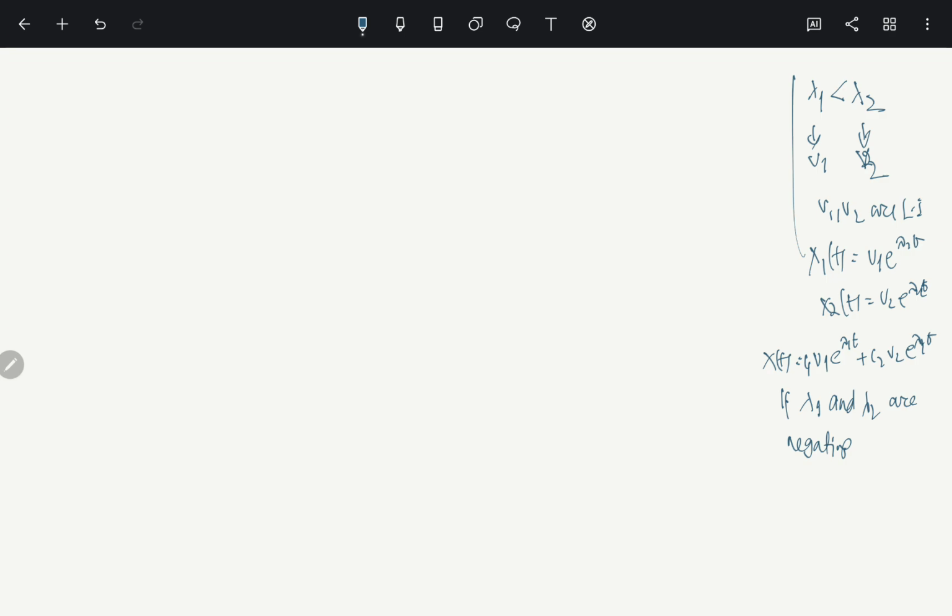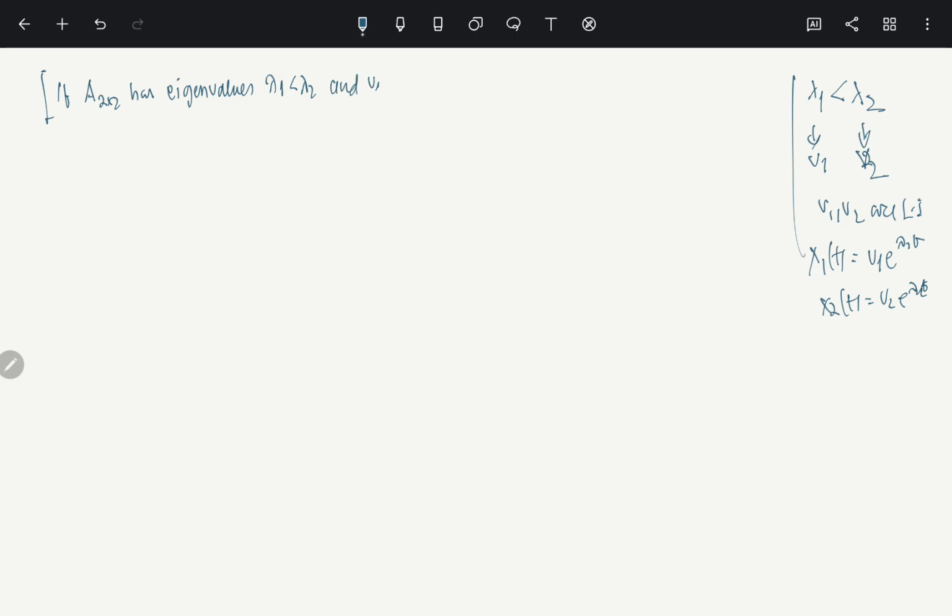Let me do it properly. If a 2 cross 2 matrix A has eigenvalues lambda 1, lambda 2, and v1 and v2 are the corresponding eigenvectors, then the general solution x of t looks like c1 times e power lambda 1 t v1 plus c2 times e power lambda 2 t v2.